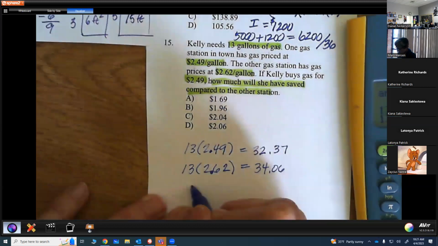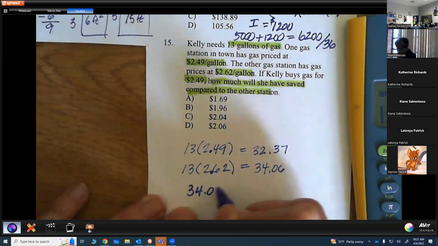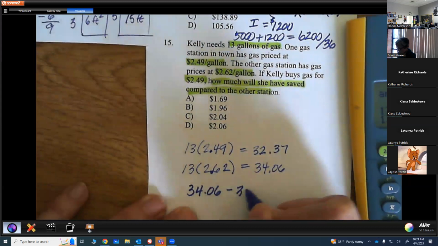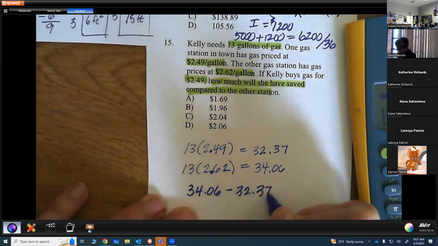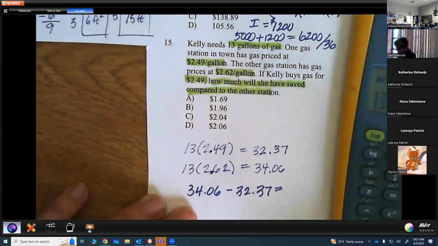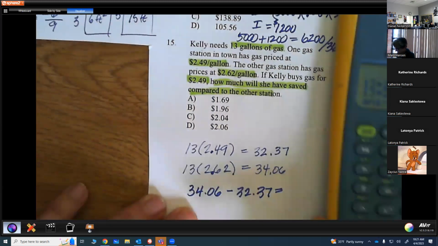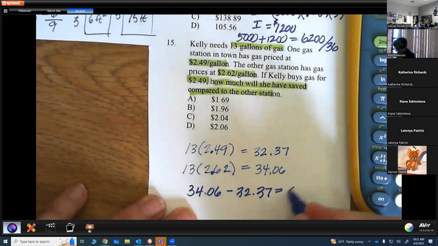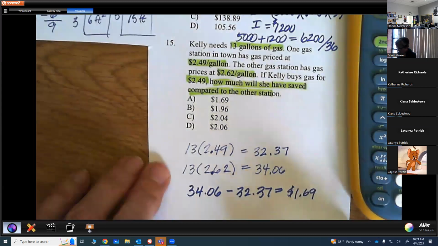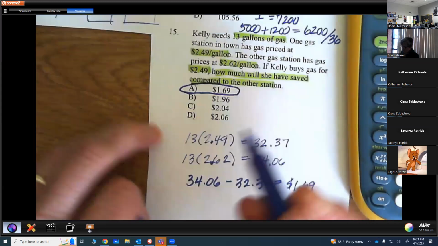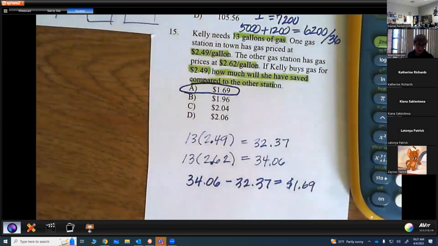To get that, we would take the 3406 and subtract off the 3237 to figure out the amount between those, and it is $1.69. So she'd save $1.69. She could probably go buy a small drink at McDonald's with her savings, maybe.